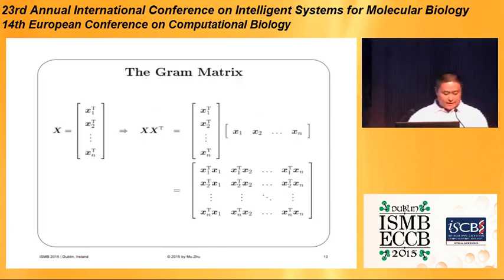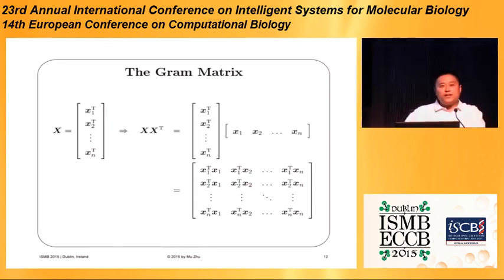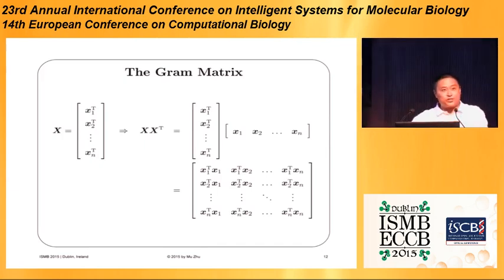The third idea is kernelization. This was revitalized a few years ago by the support vector machine, and a lot of bioinformaticians are using it. The idea is using a kernel version.